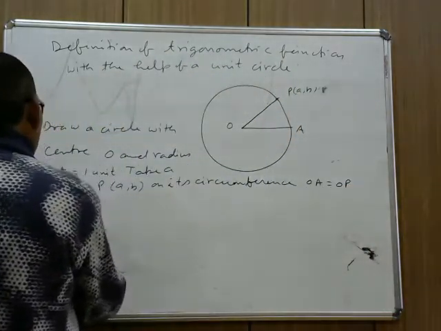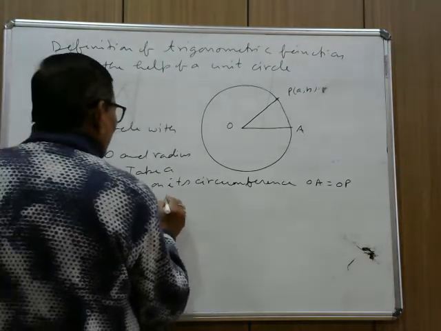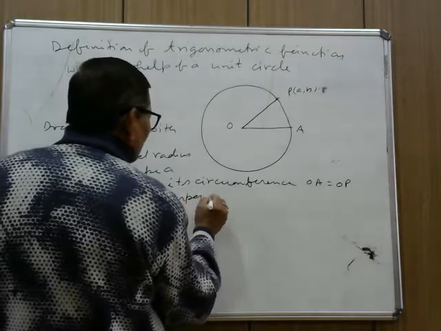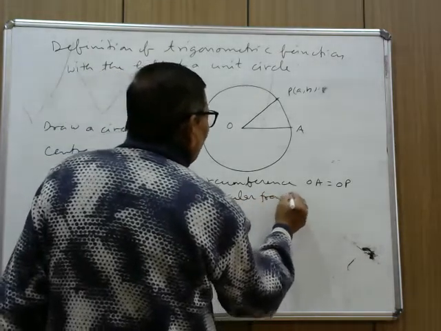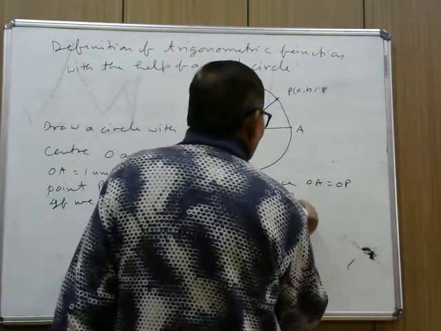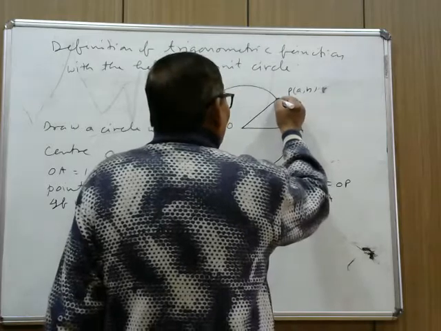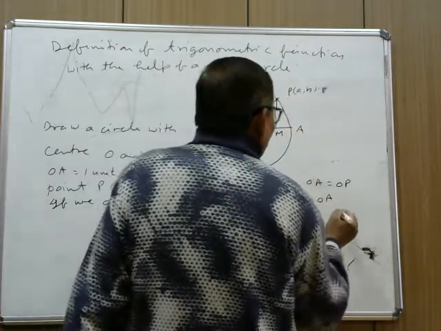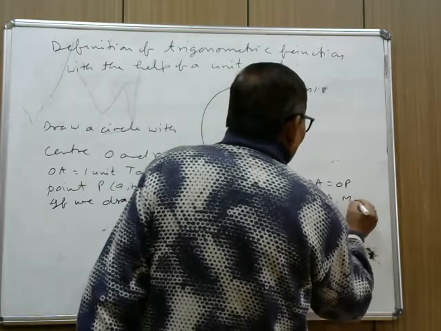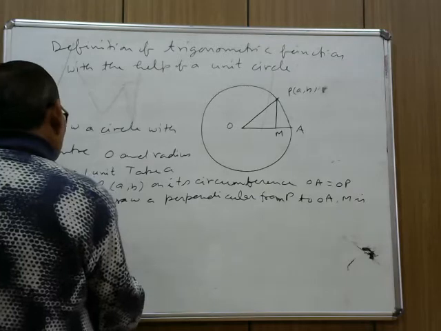If we draw a perpendicular from P to OA, then M is the foot of the perpendicular.